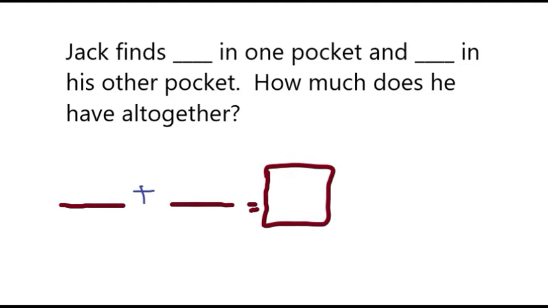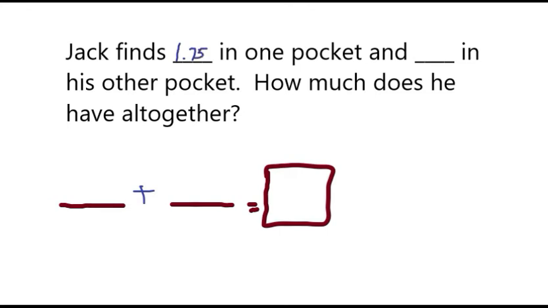Okay, so now all we need are the numbers. We already know what to do with the numbers, and that's what I want you guys to concentrate on, what you need to do with the numbers. Before you dive into those numbers, don't let the numbers get all confusing to you. So the first amount he finds in his first pocket is $1.75.